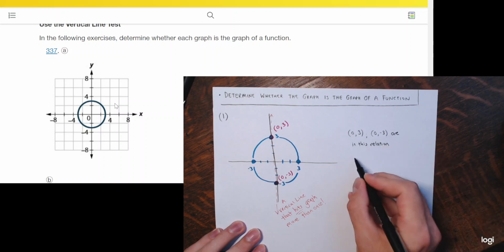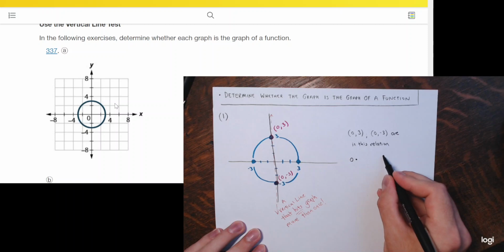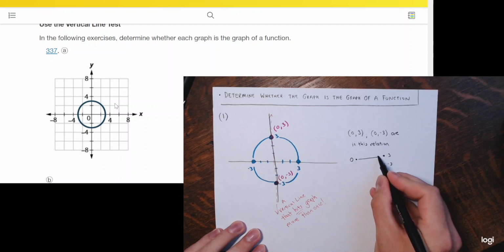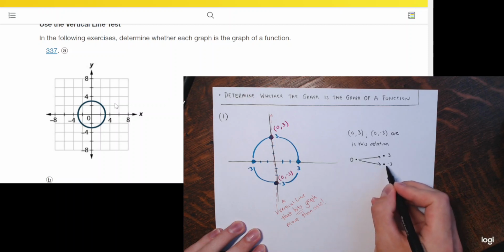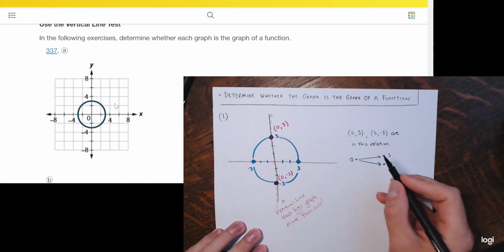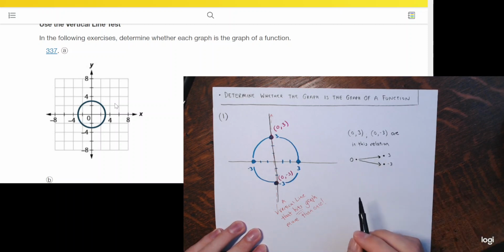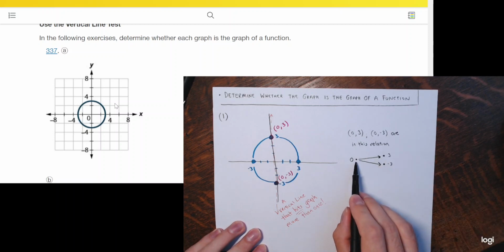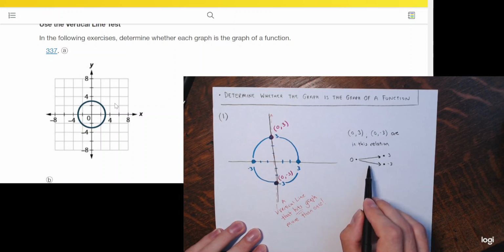That means that, if you were looking at a mapping, 0 in the domain would map to, or be assigned to, 2 different values in the range. And you may recall from a previous video or whatever other reading you've done on functions, that can't happen in a function. Right?